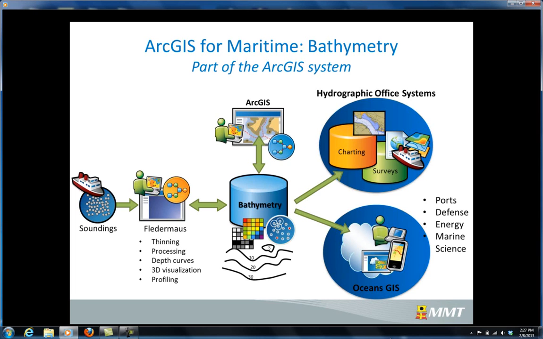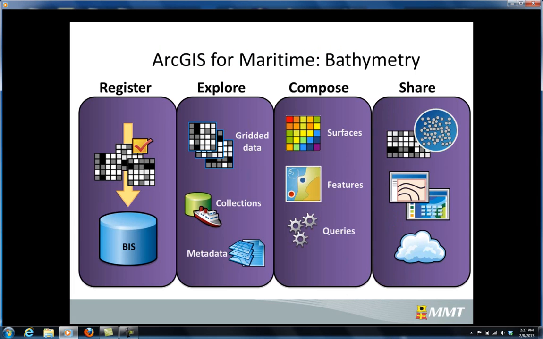The surveys we do for the Maritime and Coast Guard Agency, they get stored in our BIS, but they are delivered as a full data set rather than a GIS deliverable. So the way that FMBIS works, or the ArcGIS for Maritime Bathymetry, is you register the data into the BIS, you can then explore around it in ArcMap and look at the metadata.